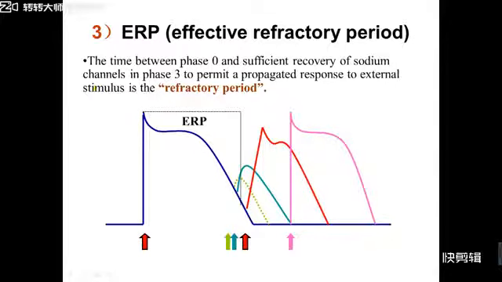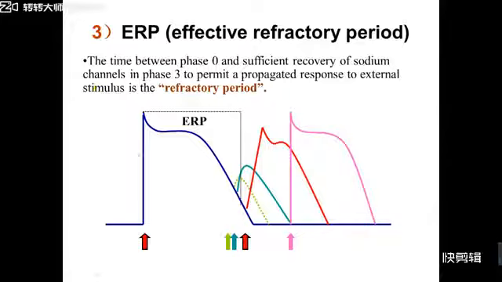So from here, we know that from phase 0 to phase 3 is the ERP. During this period, if we stimulate cardiomyocytes, there is no response, no ectopic heart beat. So if we can use drugs to prolong ERP, stimulating cardiomyocytes gives no response and no ectopic heartbeat, and we can use this to treat tachycardia.